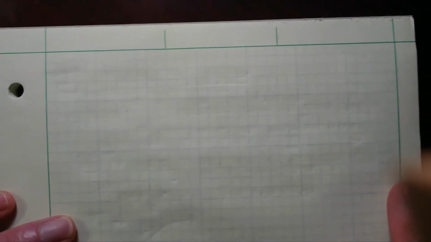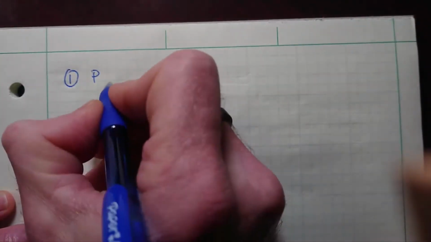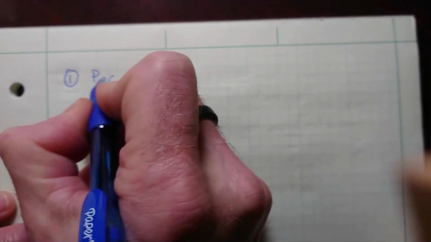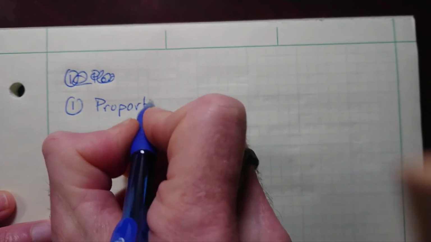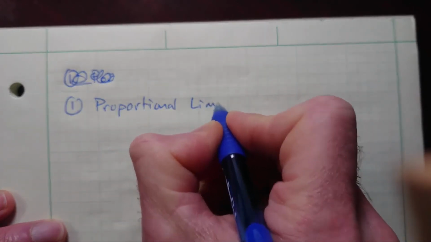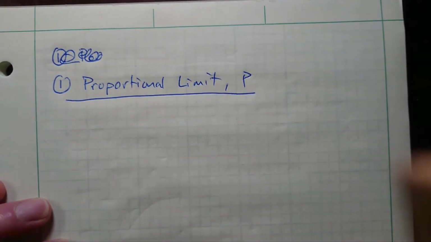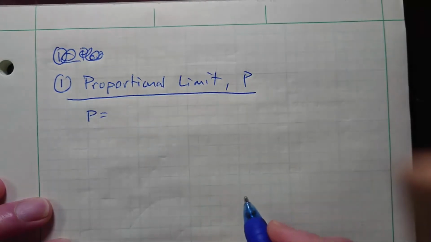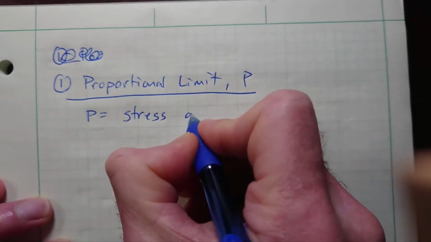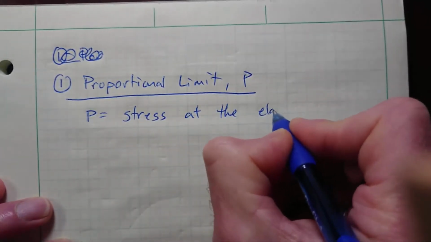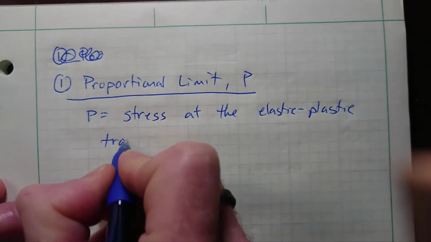Now, when does plastic strain start to accumulate? That actually occurs at a point called the proportional limit. We can use the letter P for that. And P is defined as the stress at the elastic-plastic transition.